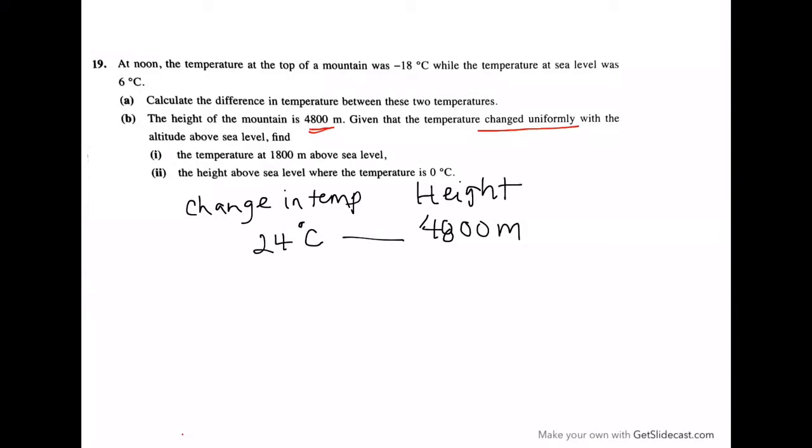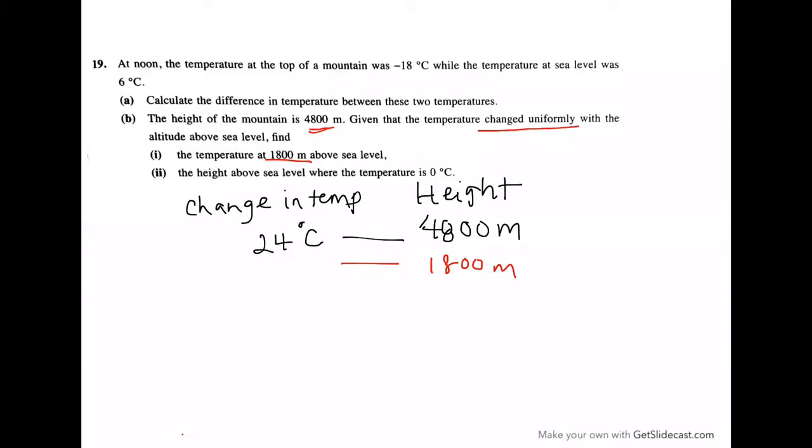First question tells us to find the temperature at 1,800 meters above the sea level. So the change in the height from the sea level, which is 0 meters, to the height of 1,800 meters, we will use a proportion to find out the value for the change in the temperature.